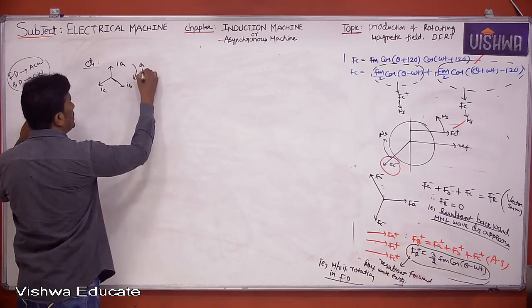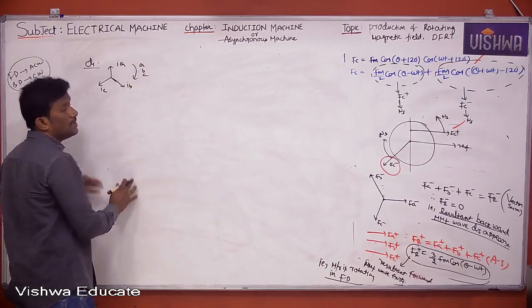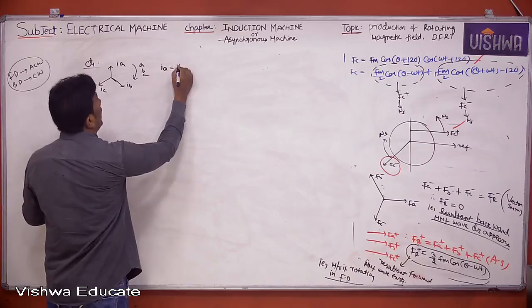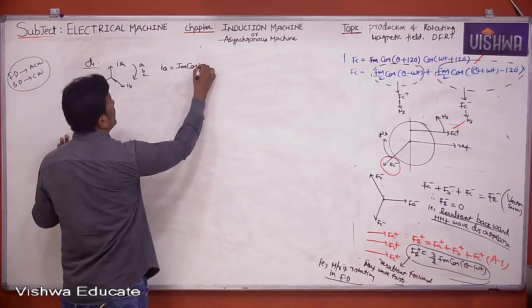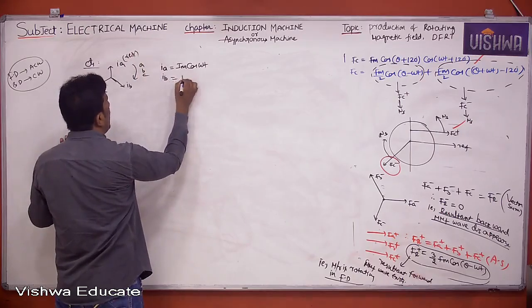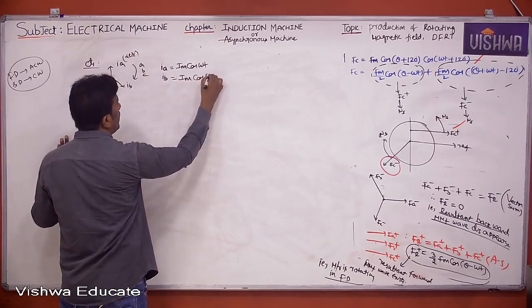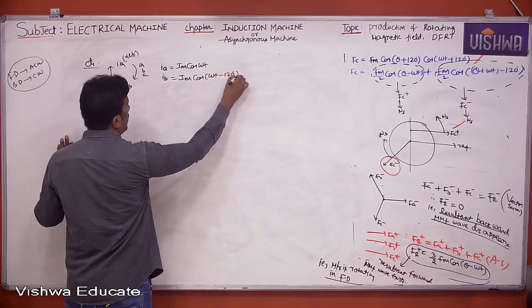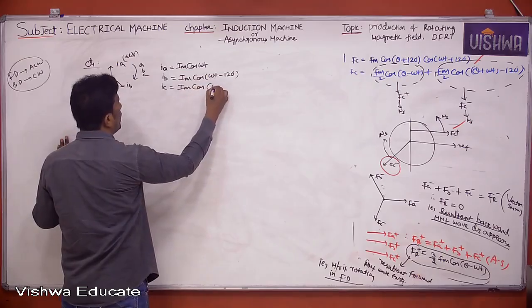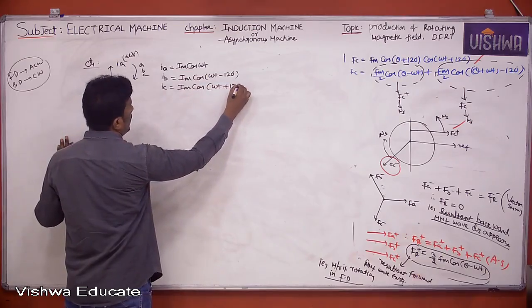What is the phase sequence? ABC is the phase sequence, right? ABC is the phase sequence I had taken here. That means I had taken IA equal to Im cos omega t, the reference. This is the reference for us. And IB is equal to Im cos of omega t minus 120. IC I had taken Im cos of omega t minus 240, or I can say plus 120.